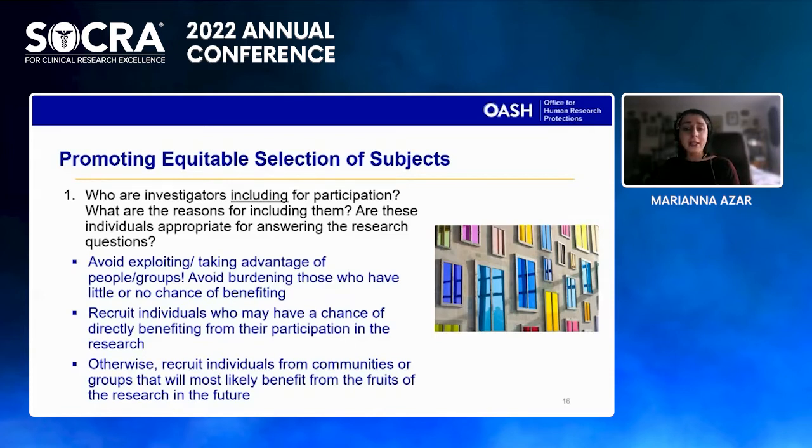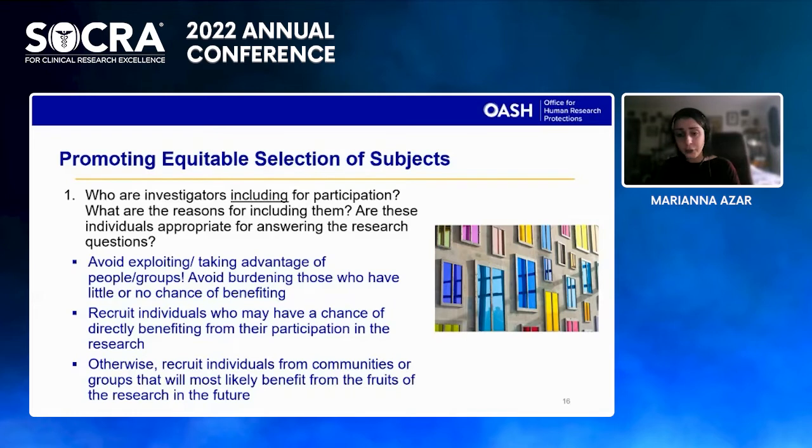It goes without saying that investigators should avoid exploiting or taking advantage of people or groups, but shining a light on the use of specific groups or populations on the basis of convenience or availability is also important for IRBs to do. When we frame things in terms of burdens, we can also say that investigators slash researchers should not burden those who have little or no chance of benefiting from the research by inviting them to participate.